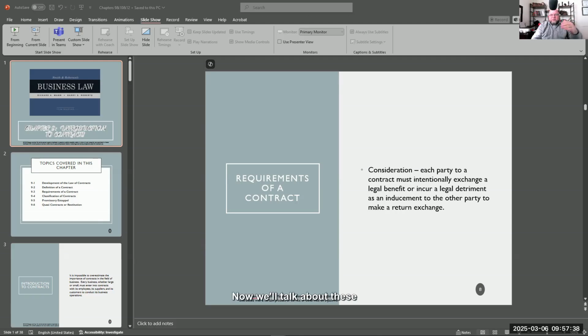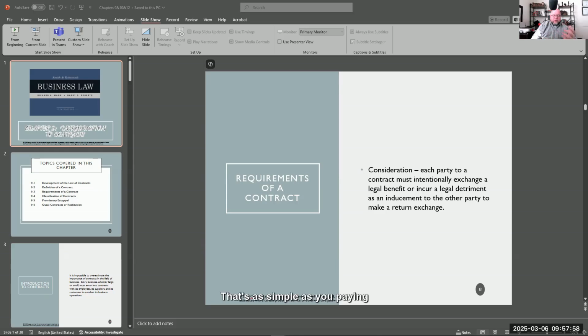We'll talk about these pieces in a little more detail as we move through the slides. But the consideration is the parties exchanging something of benefit to them, a legal benefit or a legal detriment of some sort that they gain or give up in exchange for something else.